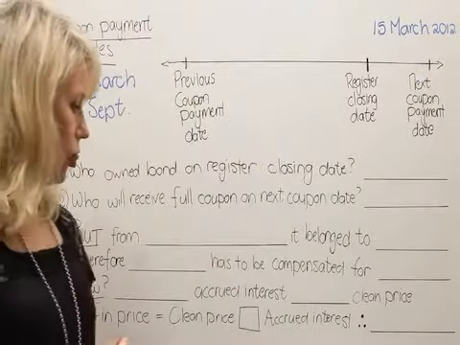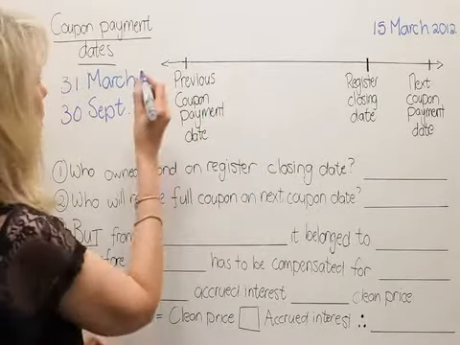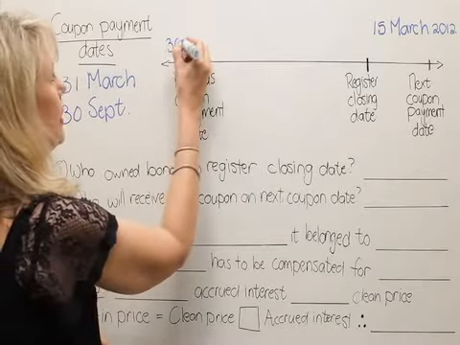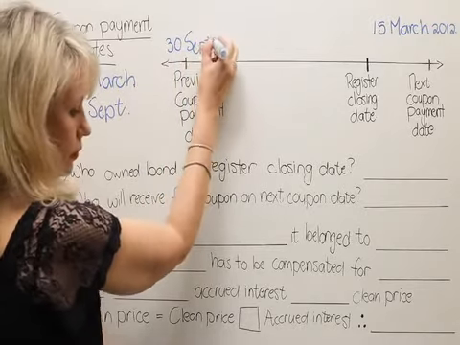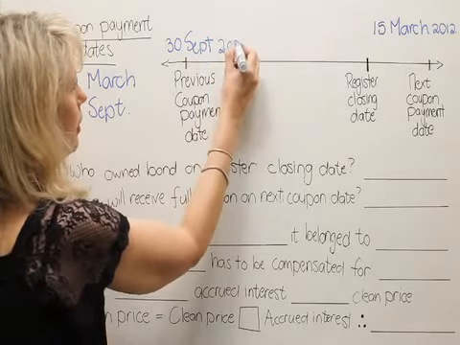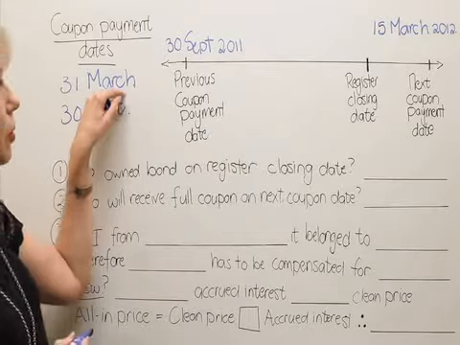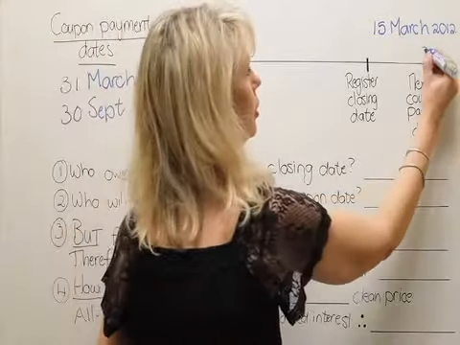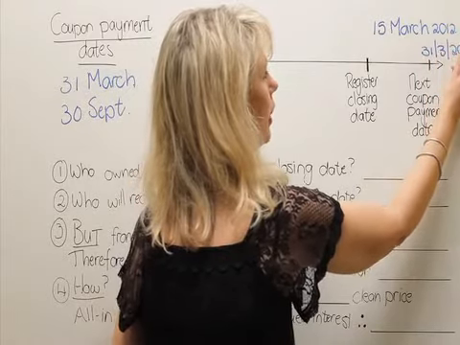The previous coupon payment date for 15 March will be 30 September 2011. And the next coupon payment date will be the 31st of March 2012.